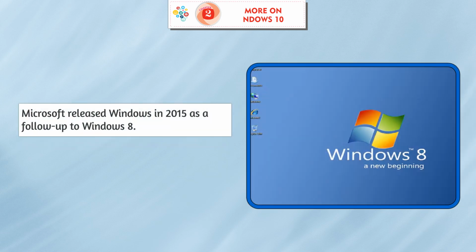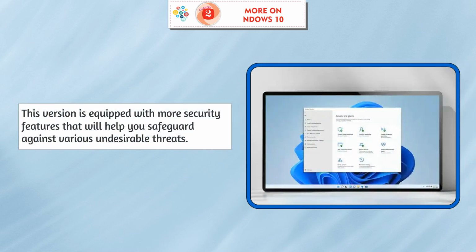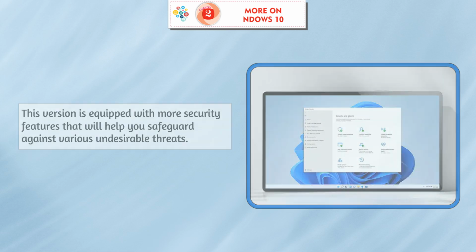Microsoft released Windows 10 in 2015 as a follow-up to Windows 8. Like other previous versions of Windows, Windows 10 is easy to work on and provides a user-friendly environment. This version is equipped with more security features that will help you safeguard against various undesirable threats.